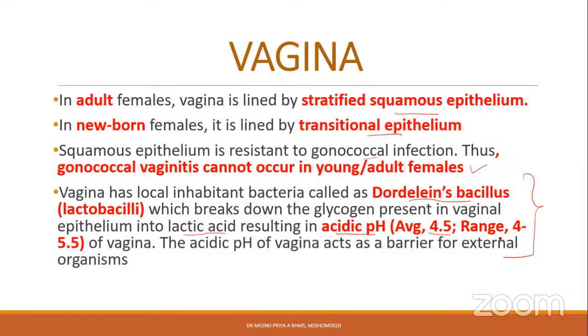This acidic pH acts as a barrier for external organisms. Once an external organism tries to enter the vagina, the acidic pH kills it. This is the normal barrier mechanism in the vagina. For some reason, when this barrier mechanism is disturbed, pelvic infections occur.